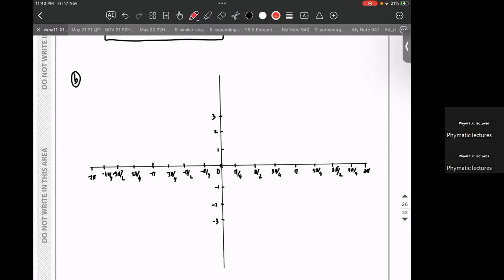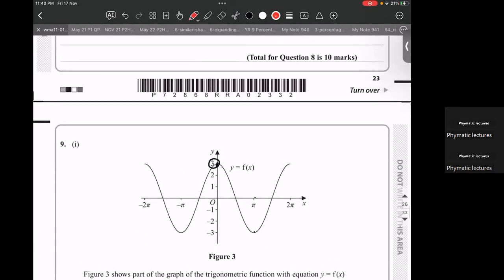Now we know that we will usually plot the normal graph first. So what is a normal graph? This thing. First we will plot this.